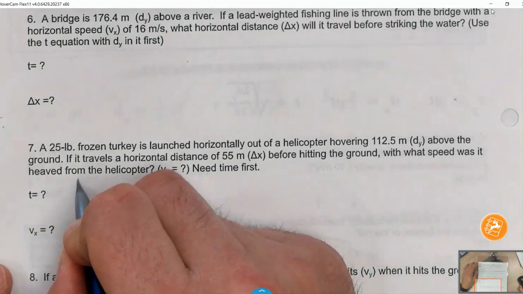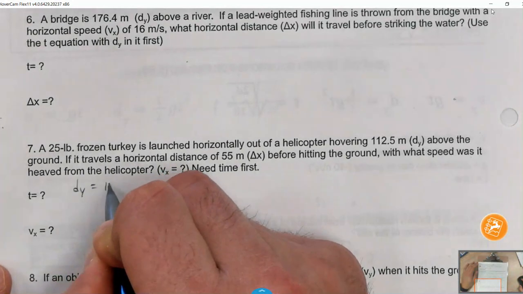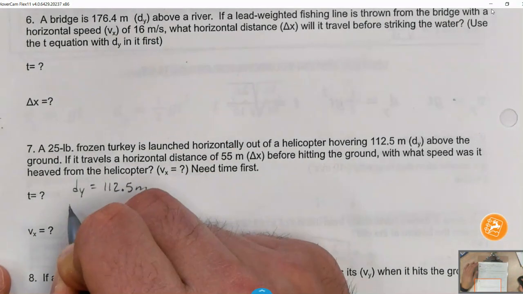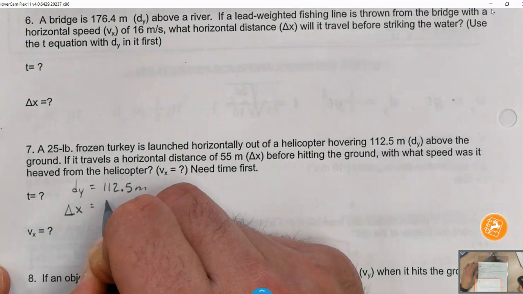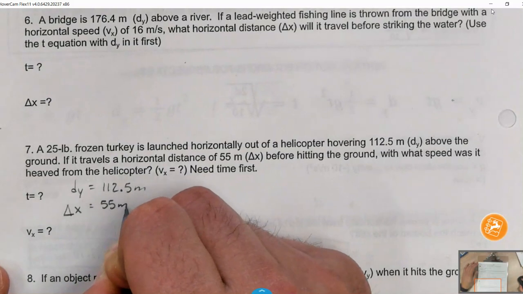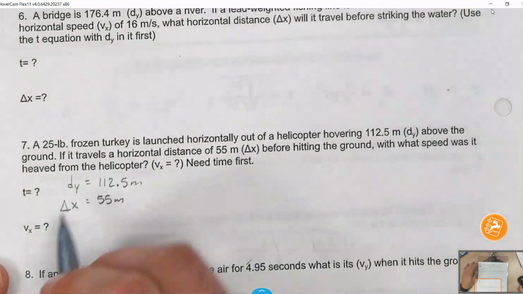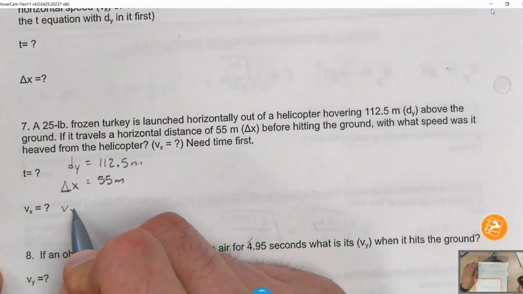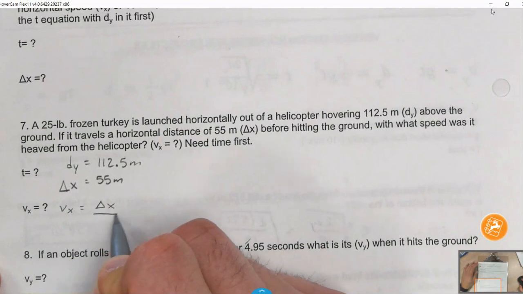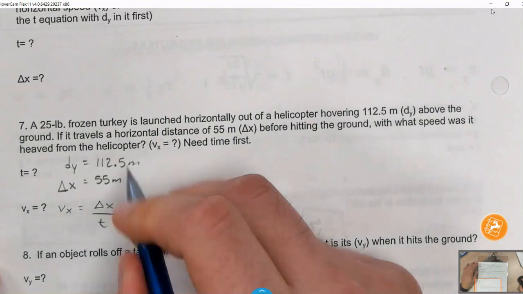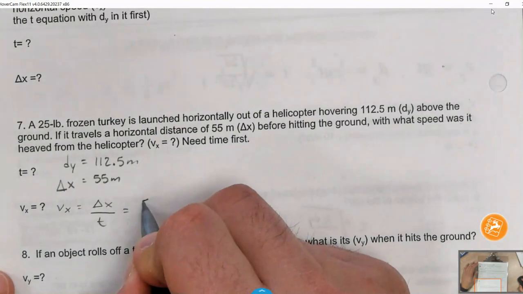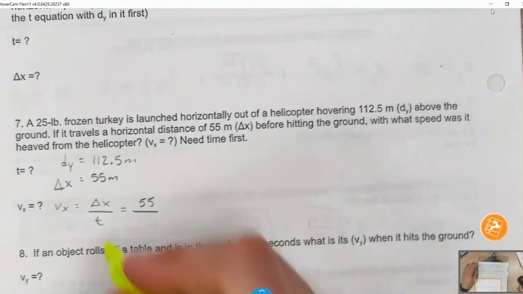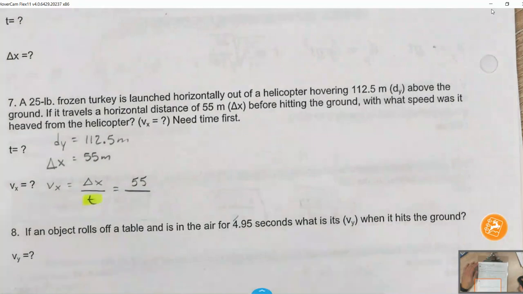I was given dy of 112.5 and delta x of 55 meters, and vx is delta x over t. I have delta x of 55, so what don't I have? Time.